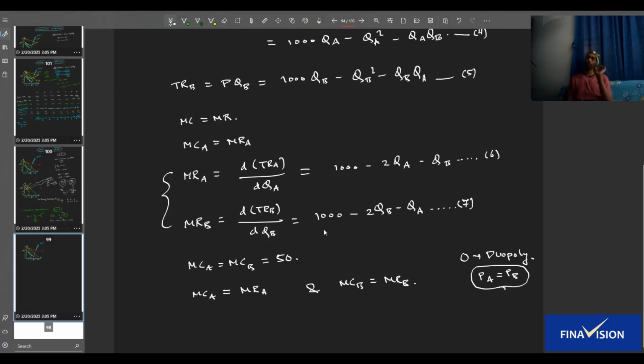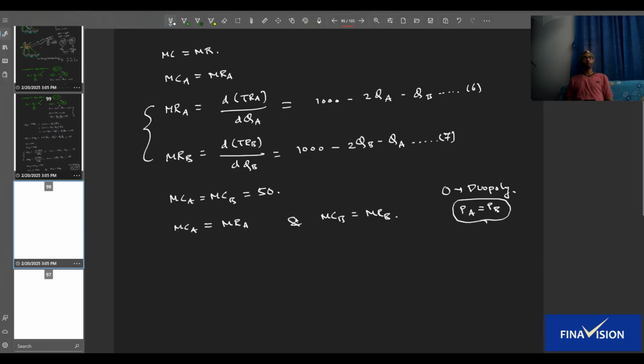So under Cournot's assumption, PA and PB in equilibrium condition would be same. So from here we can easily derive what is PA and PB. Let's see how.